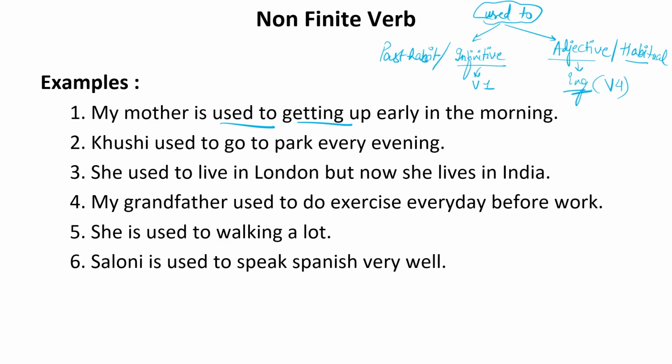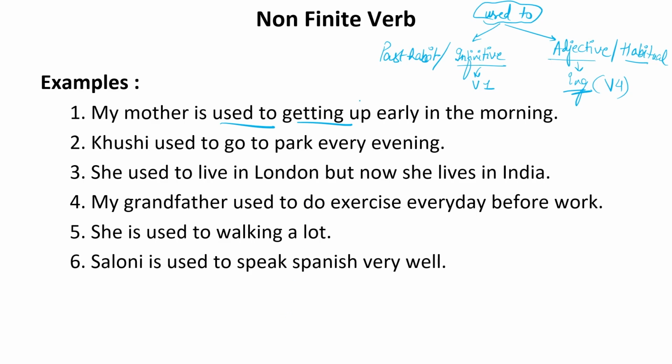But when we say we are used to doing something, it means we have been addicted to doing something. So used to is used as an adjective to show that someone is habitual or addicted to something.